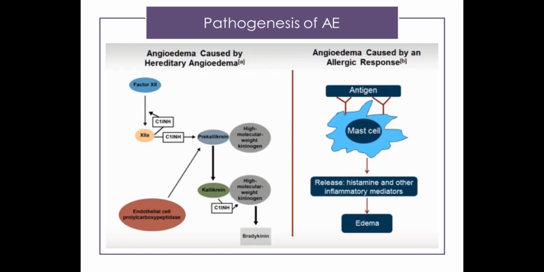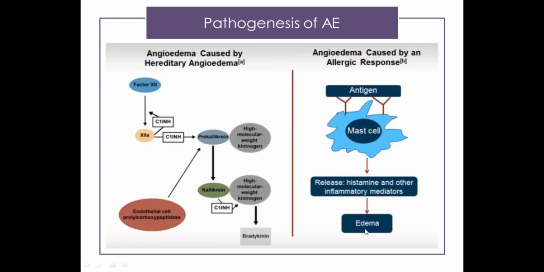There will be leakage and accumulation, and that will lead to angioedema. So this is about the kinin system. The C1 esterase inhibitor is defective, or it's in a low amount, which will increase the bradykinin, which is a vasodilator, and the angioedema will happen. The second method is because of allergic responses.